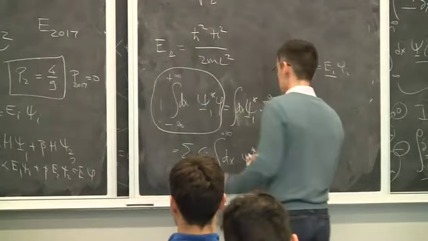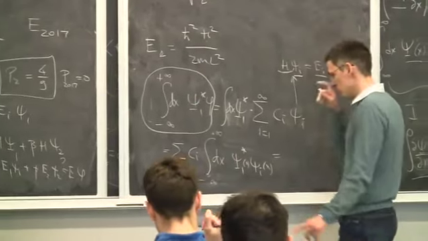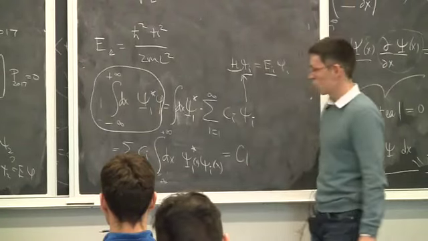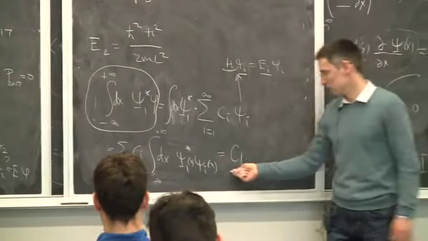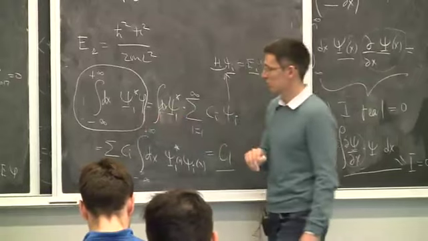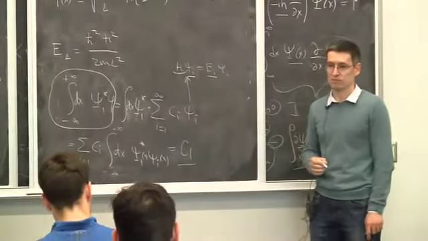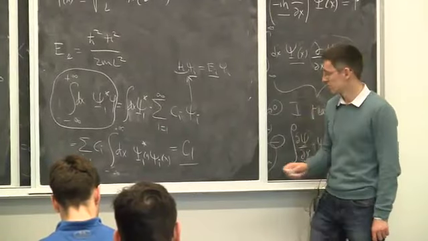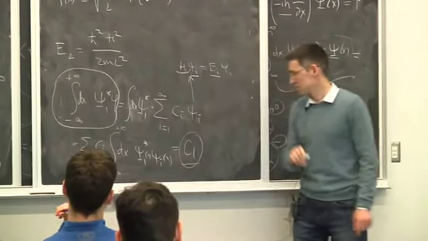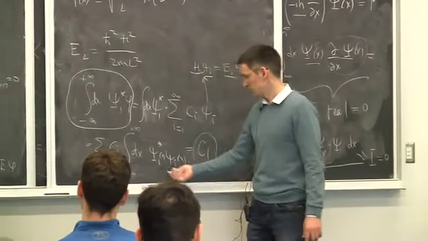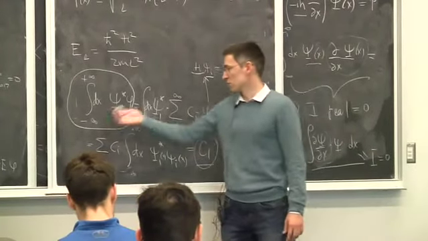So the only survivor in that sum will be C1. So C1 is equal to this integral. Simple algebra. C1, that's what we got, because of orthonormality, is equal to this integral.